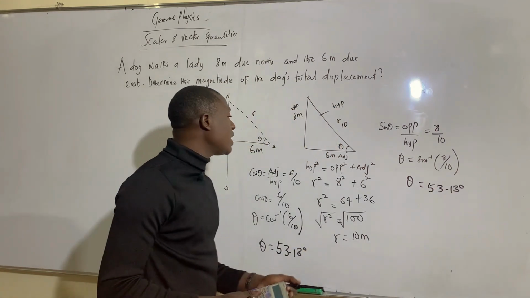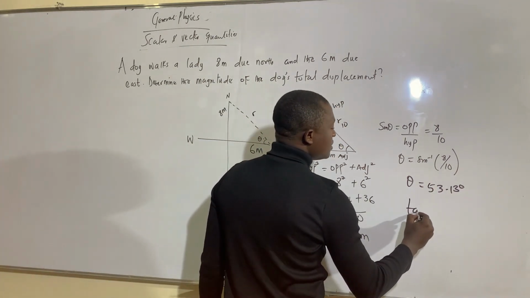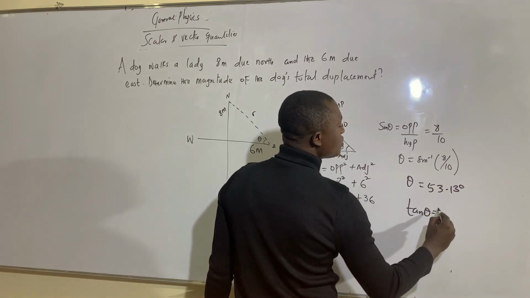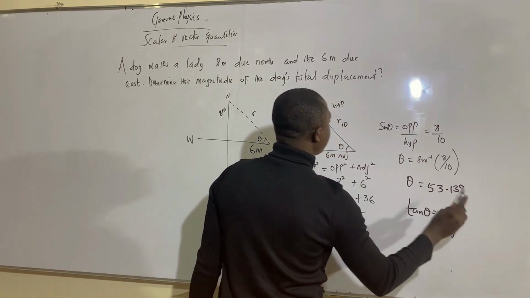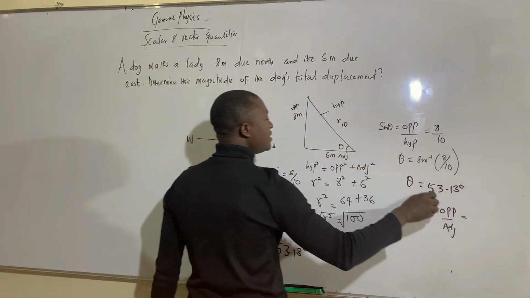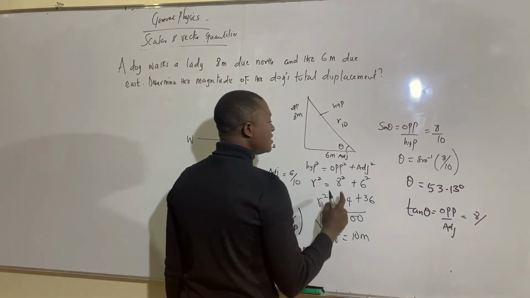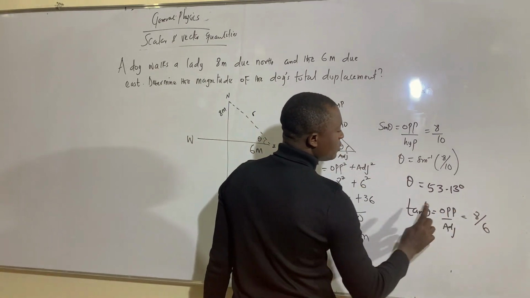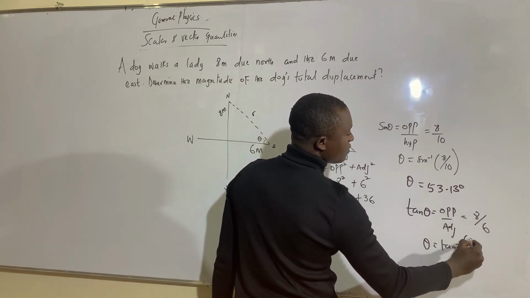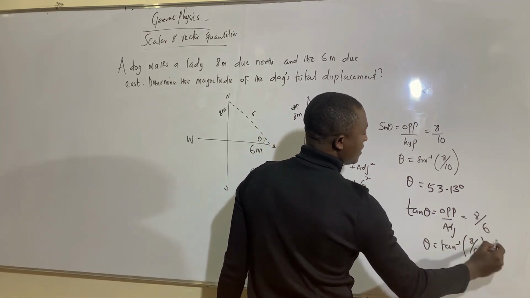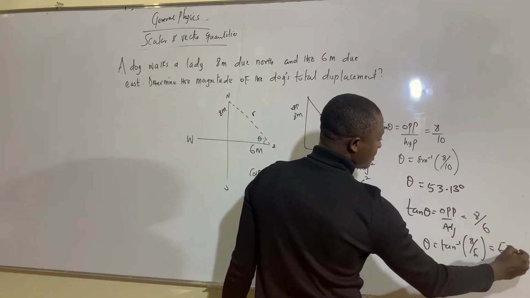Or if you use tan, tan is opposite over adjacent, and from this shape, our opposite is 8 and our adjacent is 6. So since I'm looking for theta, I can have theta to be tan inverse of 8 over 6. Therefore, if I find this, I will still have the same result.